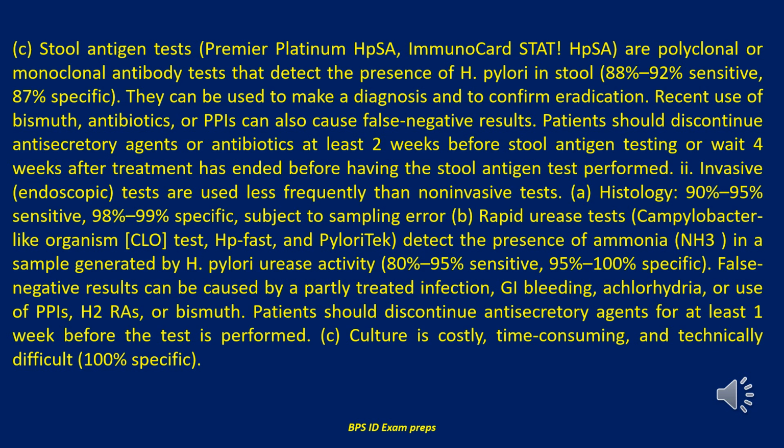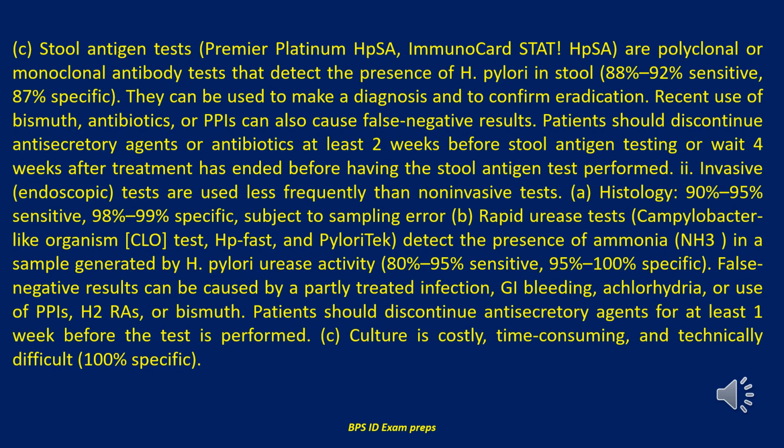They can be used to make a diagnosis and to confirm eradication. Recent use of bismuth, antibiotics, or PPIs can also cause false negative results. Patients should discontinue anti-secretory agents or antibiotics at least 2 weeks before stool antigen testing or wait 4 weeks after treatment has ended before having the stool antigen test performed.